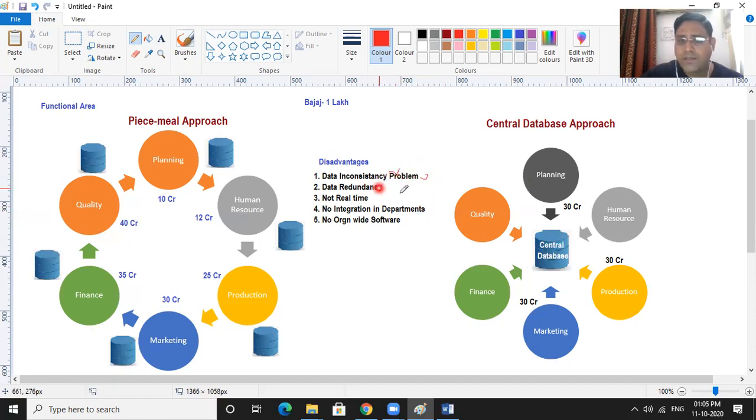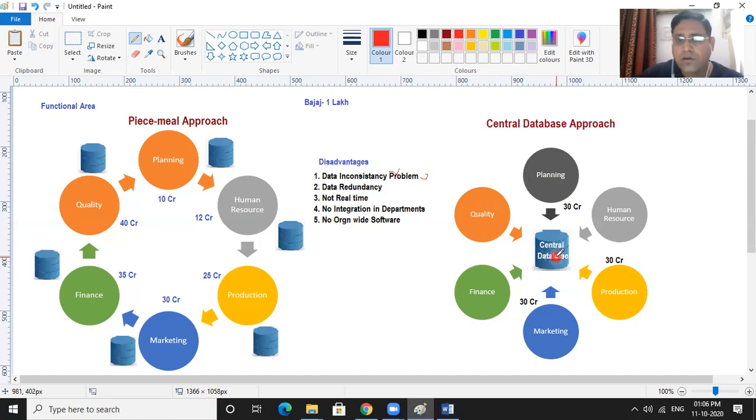Now data redundancy. Each department will not save each and every piece of data with themselves. All the important data which is relevant to the organization, the data of each department, will be stored in the central database.